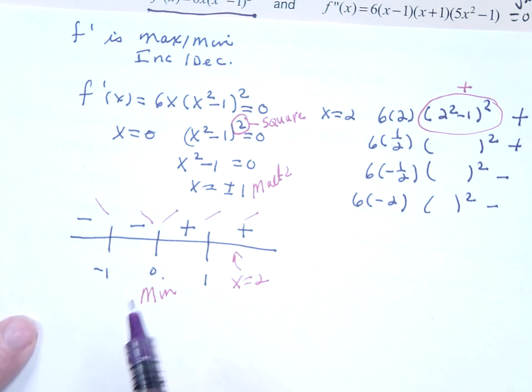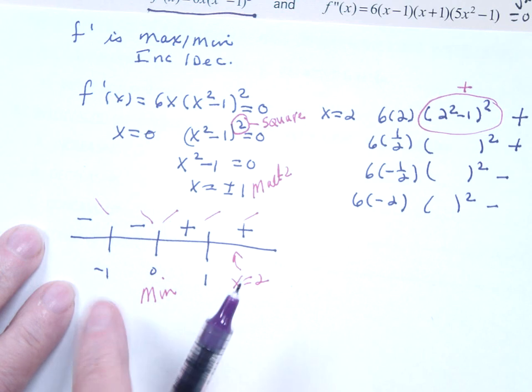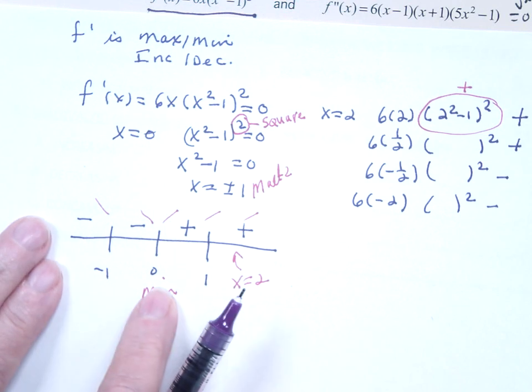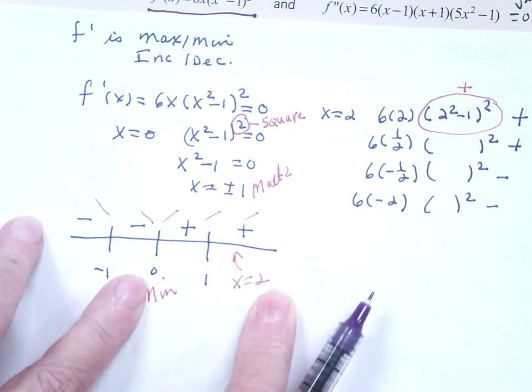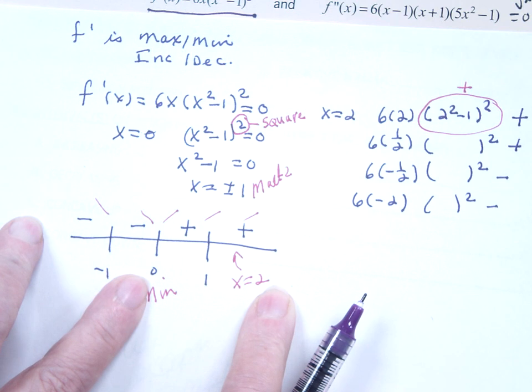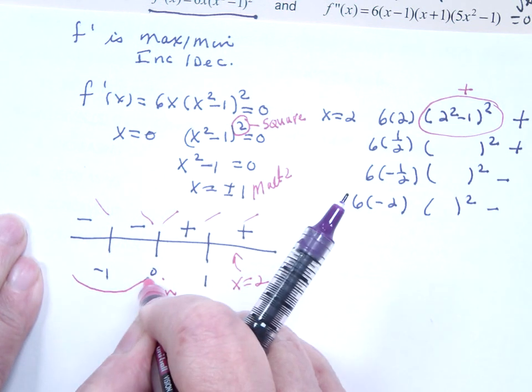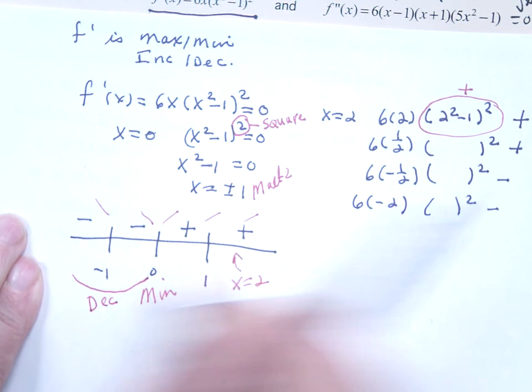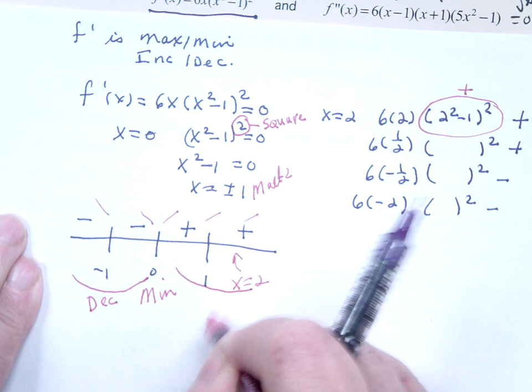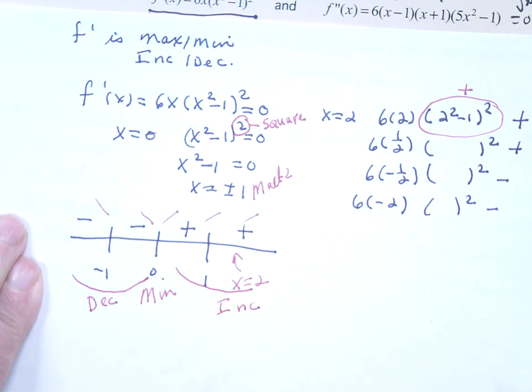So this is telling me that I am decreasing till I get to 0 and increasing after 0. So this is negative. So decrease, increase. And my minimum is at 0. So now I can fill in my blanks.